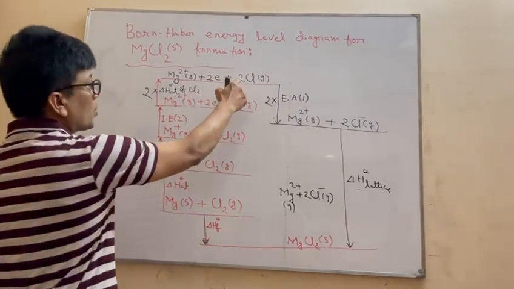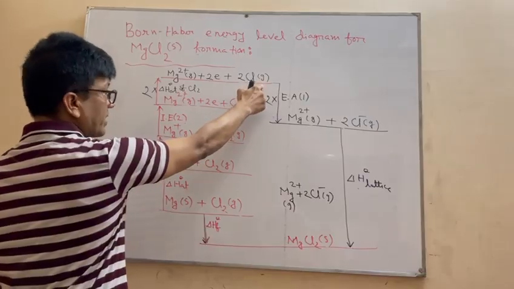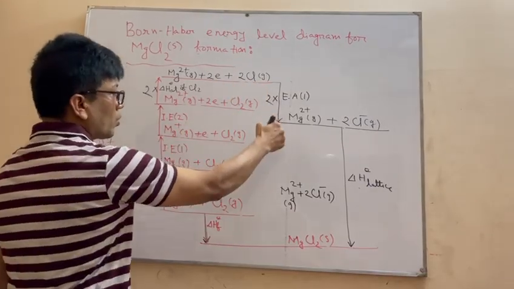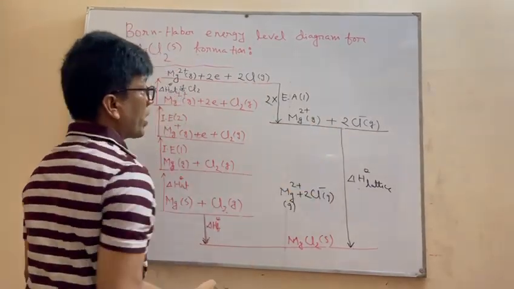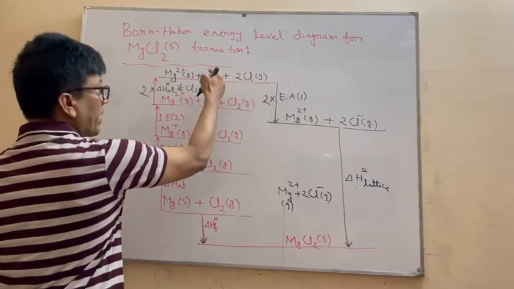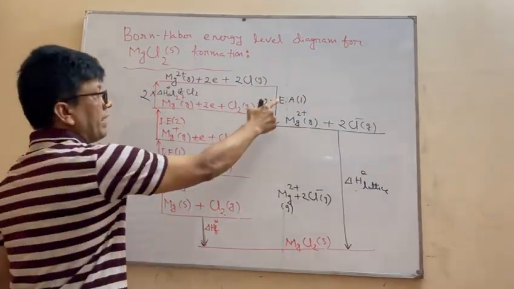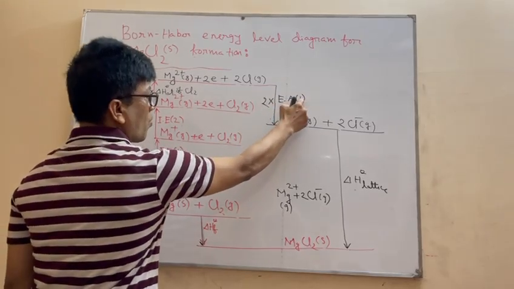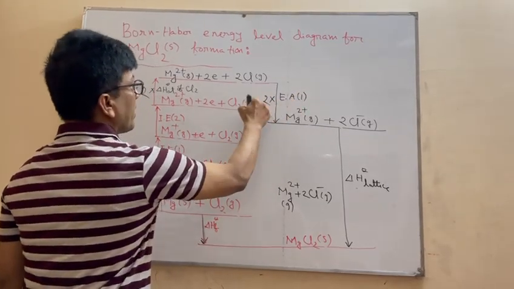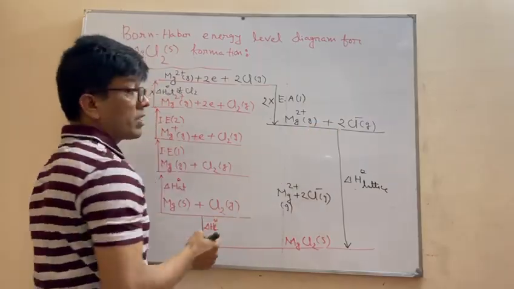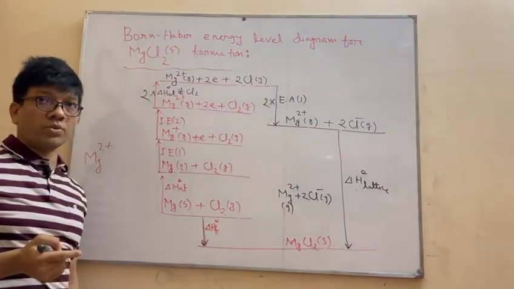Then what will you do? 2 chlorine gaseous atoms gain 2 electrons to produce 2 moles of chloride ion. When a gaseous atom gains 1 electron, this is the first electron affinity. EA1 means first electron affinity, times 2. Why? Because 2 moles of chloride ion are produced.